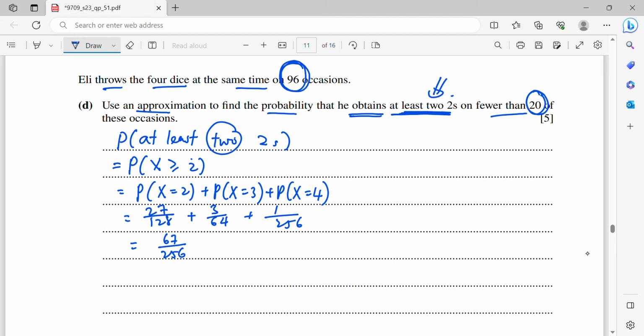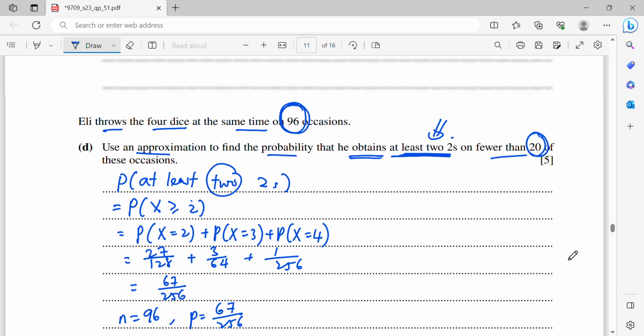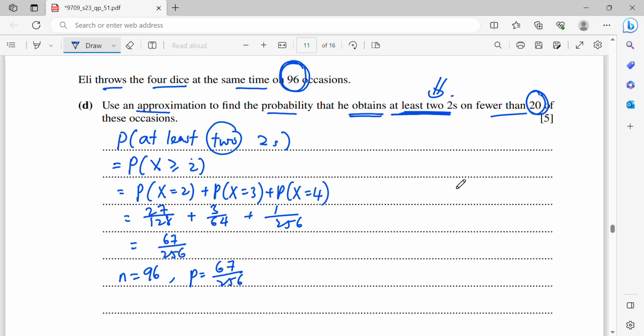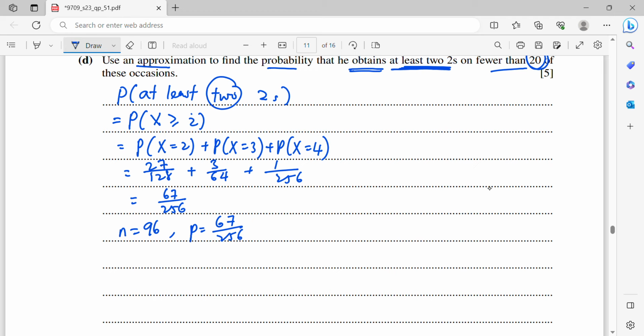So which means now your n equals 96. Your p is 67 over 256. Now, this is binomial, but since your n is greater than 50, therefore we are going to approximate. So now get the np first. So np is 96 times 67 over 256, which is 25.125.